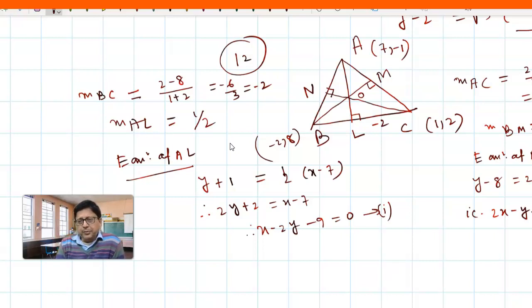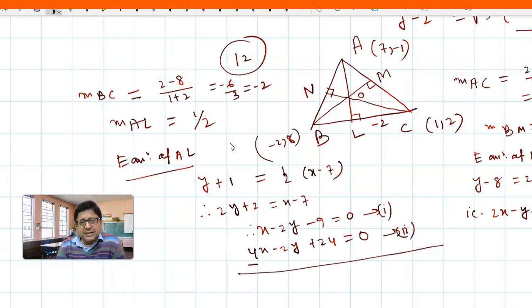So what I am going to do is multiply this by 2. So it is 4x minus 2y plus 24 equal to 0. We have rewritten equation 2, then we are going to subtract, plus minus. 3x equal to 33.